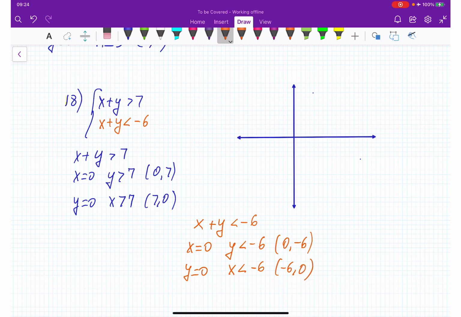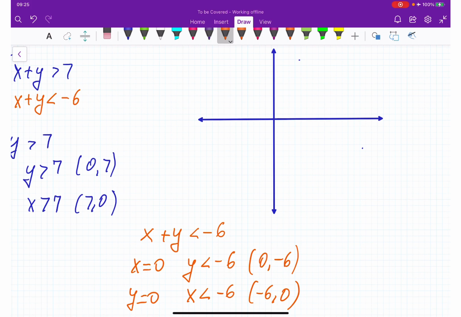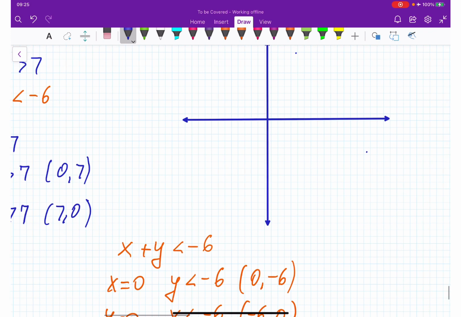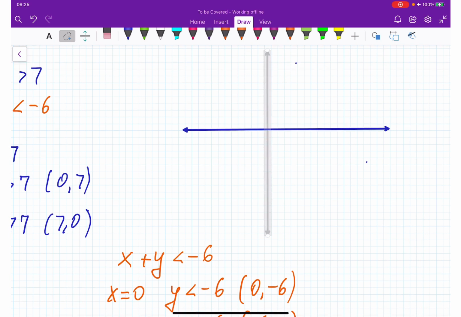Okay, let me break down. It's gonna be, let me straighten this, it's not precisely on the line. There we go, now we are good.